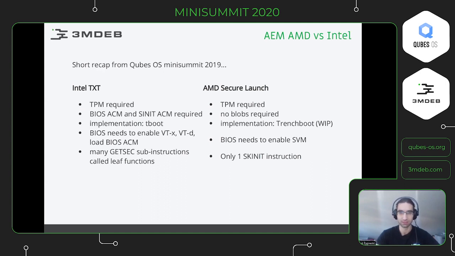AMD Secure Launch also has only one secure instruction for DRTM, called SKINIT. One year ago, there was no complete implementation that could leverage this feature, but we had already started some work on TrenchBoot, and now it has come to a state that it is usable.